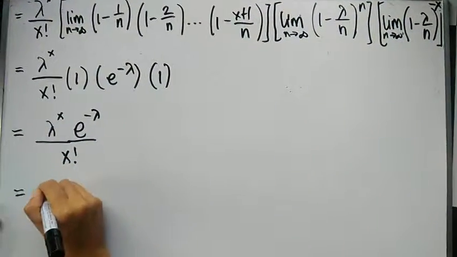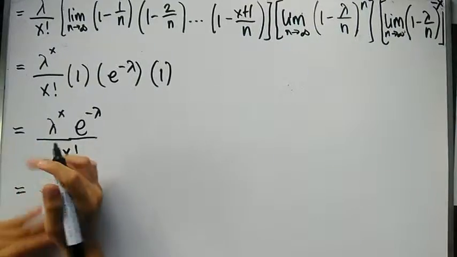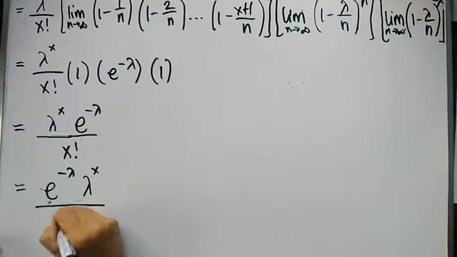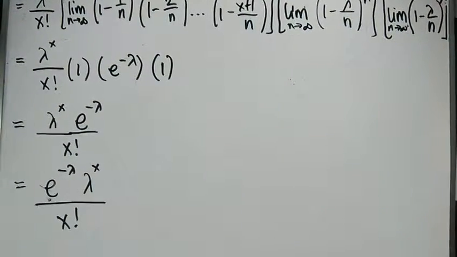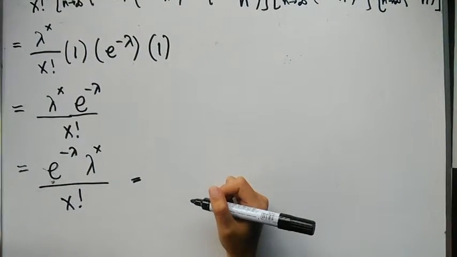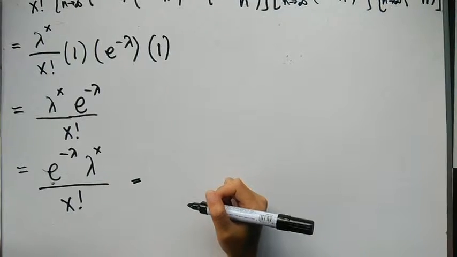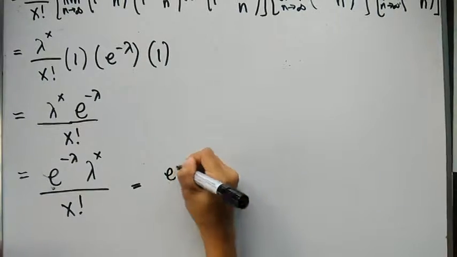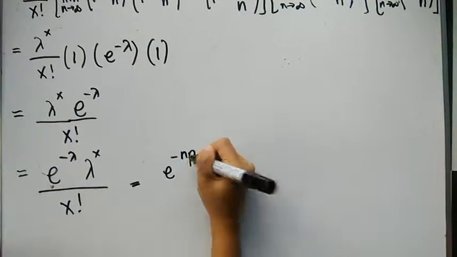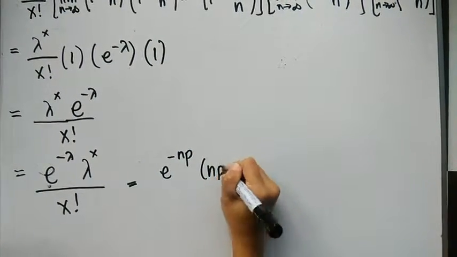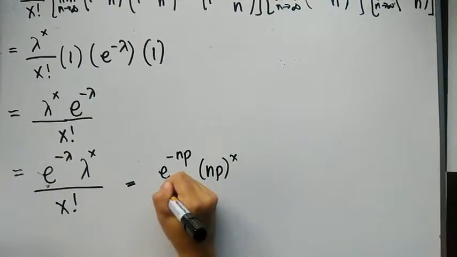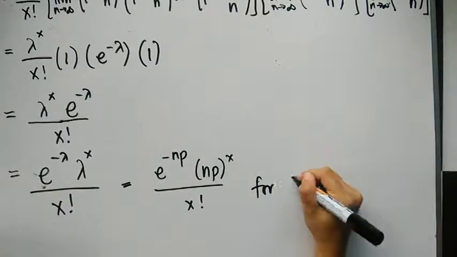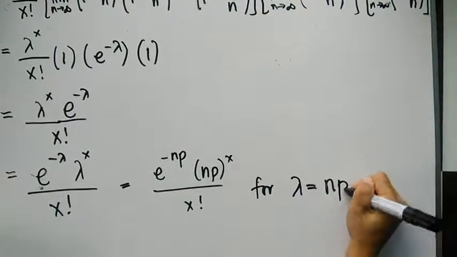We have e^(-λ) times λ^x over x factorial. Thus, for large n and small p, the binomial probability can be approximated by the Poisson probability e^(-np)(np)^x over x factorial, for λ equals np.